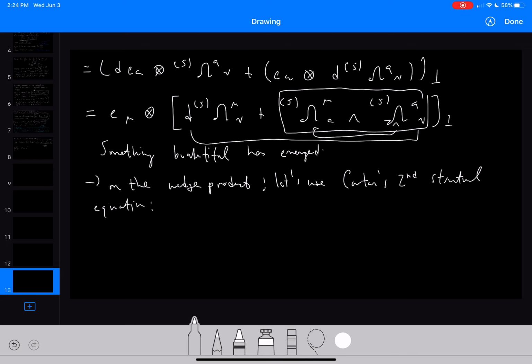Obviously it's just an equation. On that wedge product, we recall from Cartan's second structural equation that this is equal to the Riemann tensor.